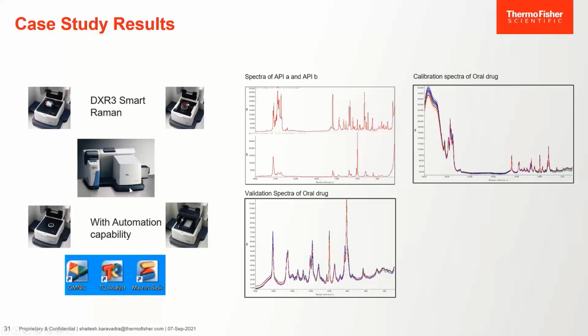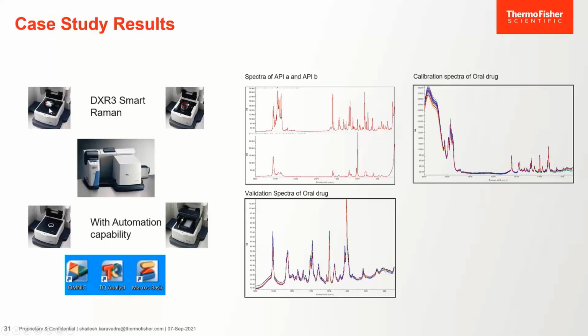As you can see here, the Smart Raman spectrometer has an automation capability. You can run several tablets using a tablet holder and automate the measurements. You can do this measurement in a 98 well plate for high throughput analysis, or if you have vials, you have a carousel rotator and you can automate the measurements for all different types of samples in this kind of vials.